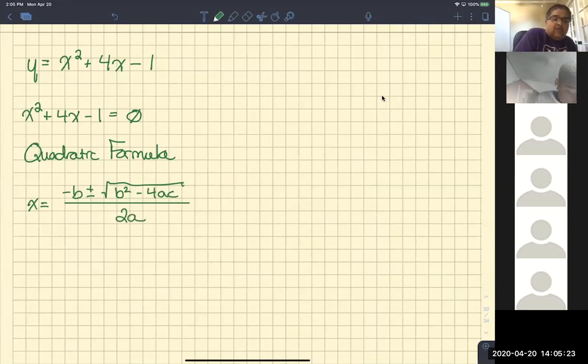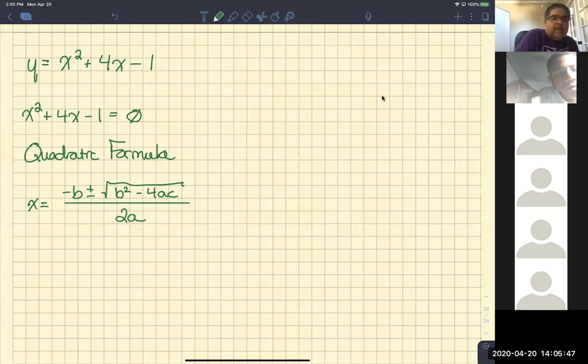That, guys, is the quadratic formula. Where A, B, and C are your leading coefficient, linear coefficient, and constant term. Okay. And it looks pretty daunting. It looks pretty difficult, but we're going to break it up into smaller pieces so that everyone can understand it.